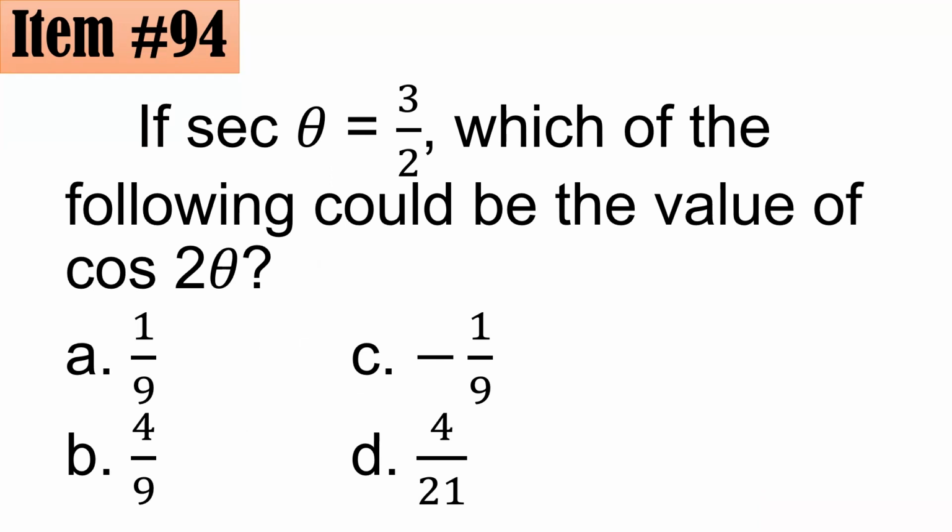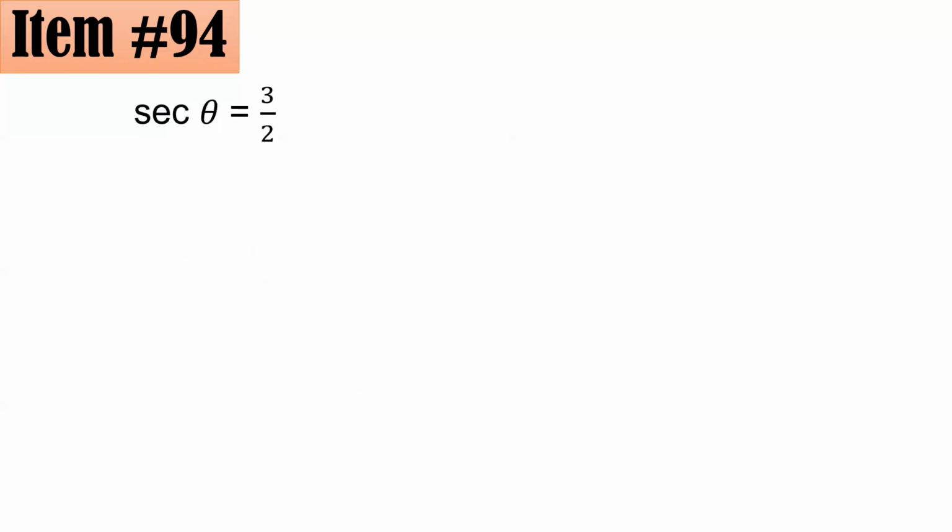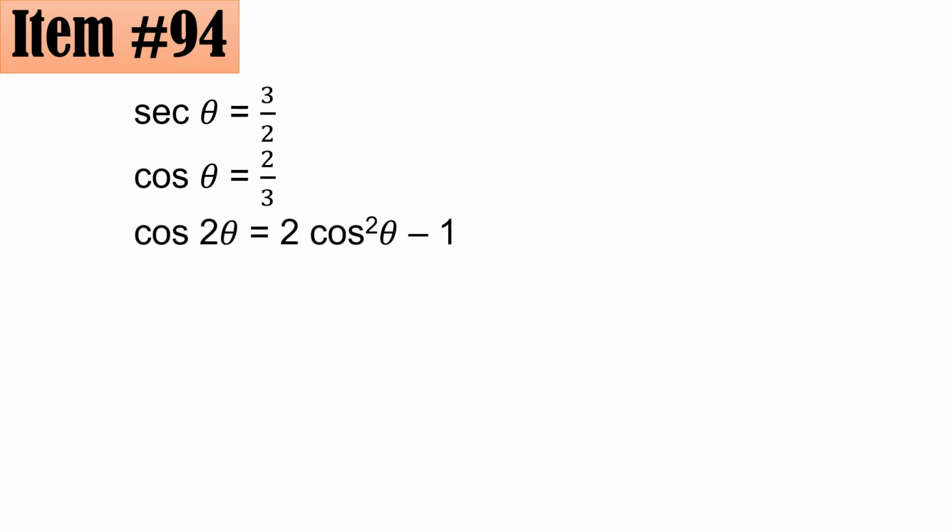Let's see if you're right. From this point, if secant theta is 3/2, then we know that secant and cosine are reciprocals of each other. So it follows that cosine theta is 2/3. And with that, we have this double angle identity.